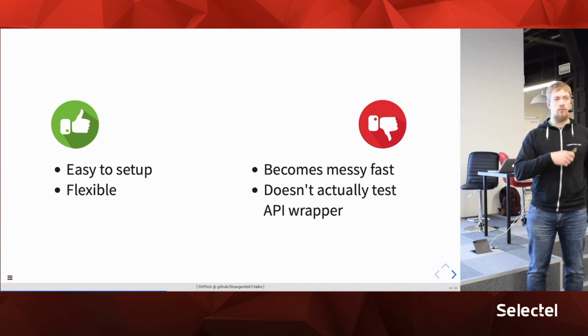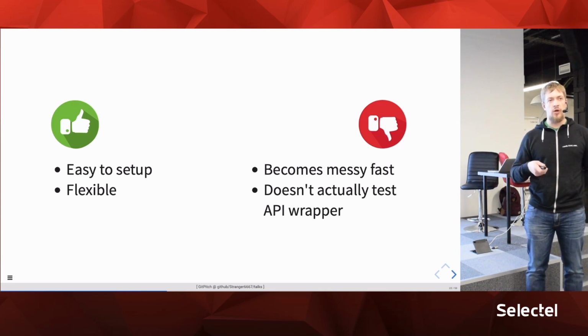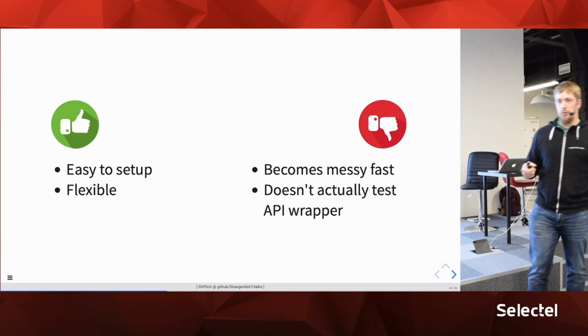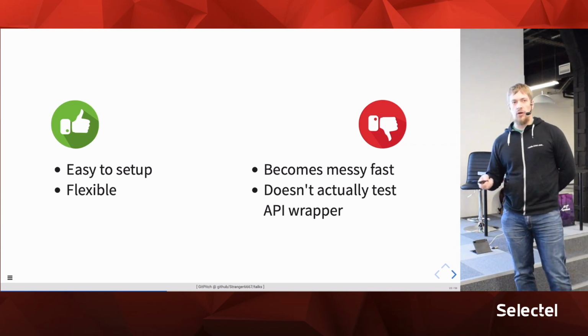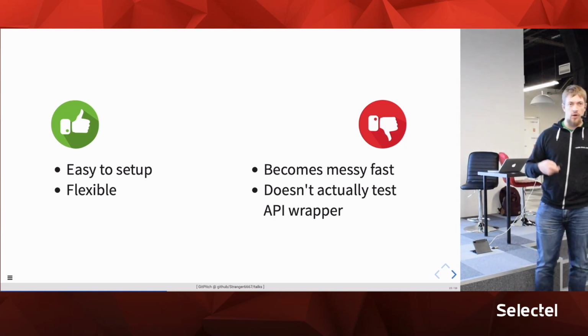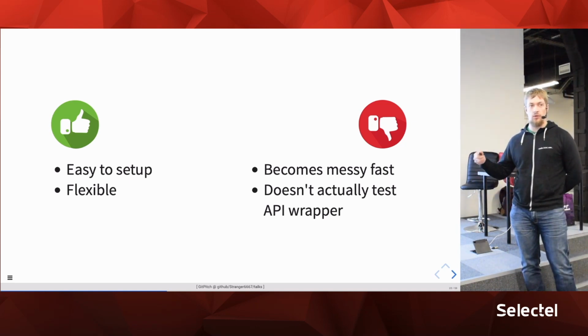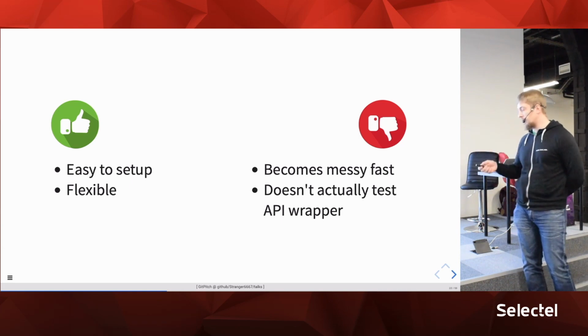Yes, you could just replace everything with mocking and run your test, but your level of confidence with your code, I wouldn't say that it will be high. Usually you can afford this because you need to actually test your code, your API wrapper for that case.